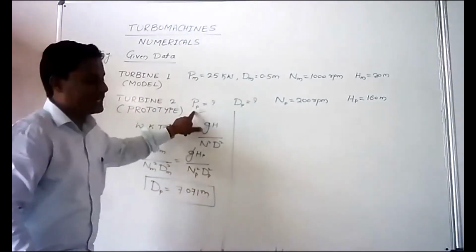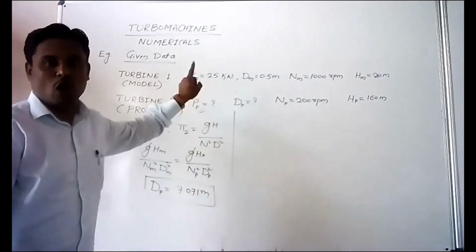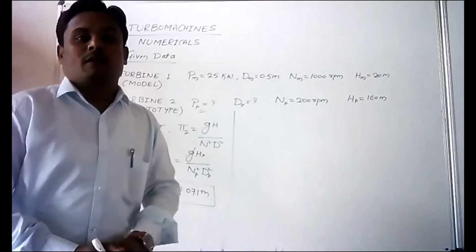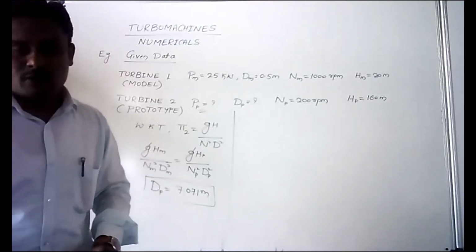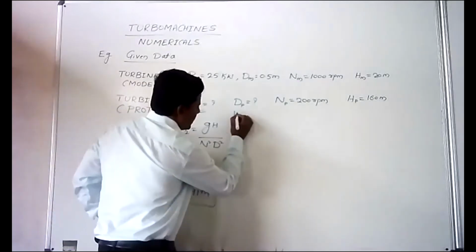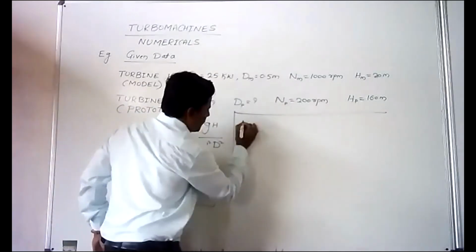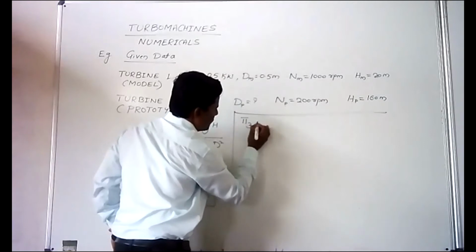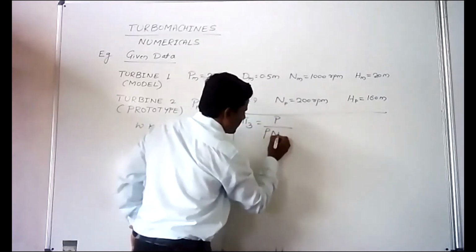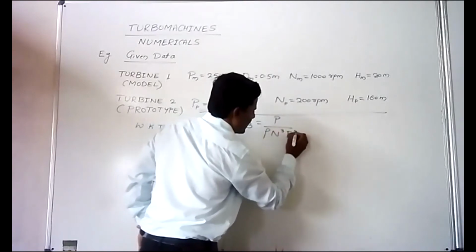Next, we need to get the value of power P. So how to get the value of power P? Please respond. Using the pi 3 term. The power coefficient pi 3 is given by P divided by rho n cube d to the power 5.